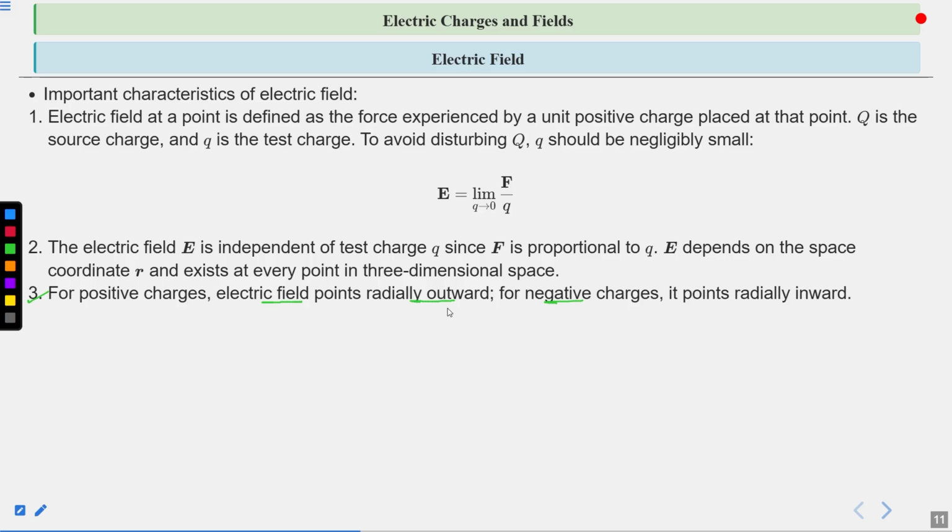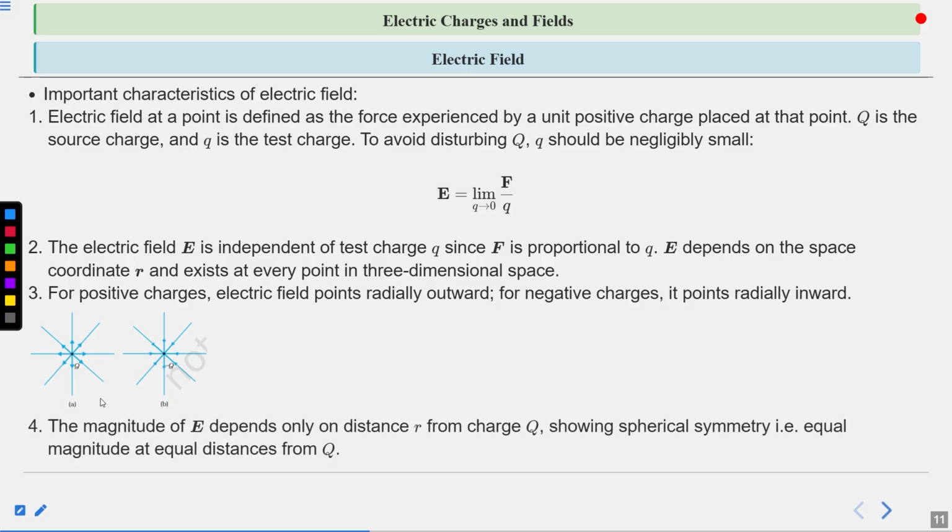If we talk about the electric field, look here, A and B. A is for the positive charge, so the electric field points radially outward in all directions.